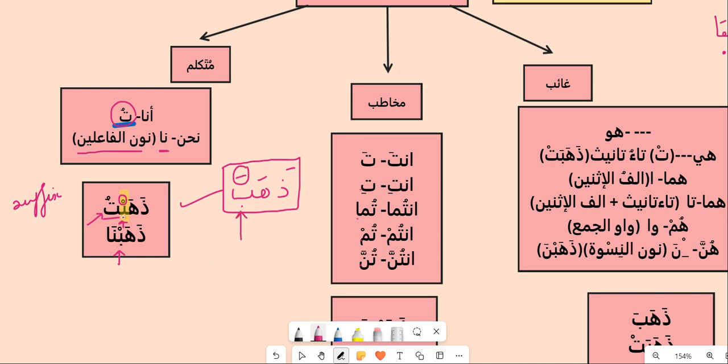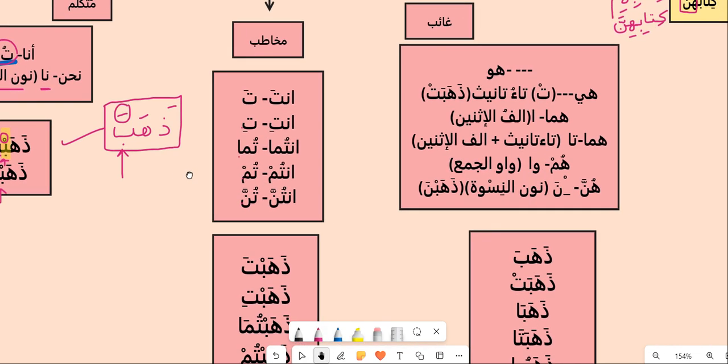So now it becomes dhahabtu. And what does dhahabtu mean? I went. Now you want to say we went. Simple, you attach the noon al-fa'ilin, dhahabna. Keeping in mind the ba, the last letter of the verb, gets a sukoon. Dhahabna.